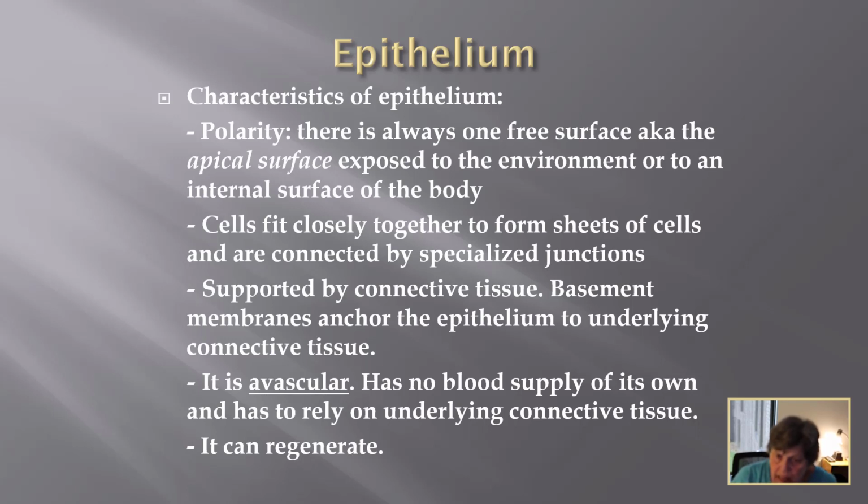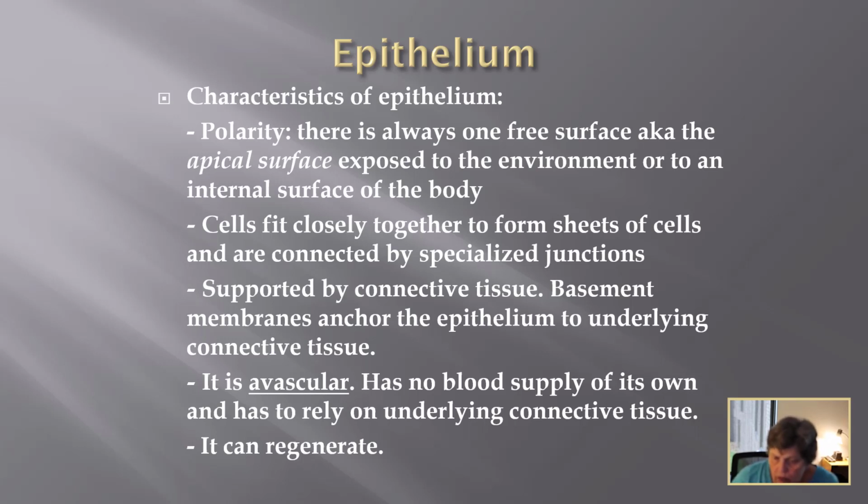So it may be the inside of an organ, or it may be the skin or something like that, but there's always what we call this free surface, and that's what identifies an epithelial tissue versus these other tissues. These cells are very closely packed together. They are in sheets. They're connected by what we call these specialized junctions that we'll look at some of these, but it's a free edge.